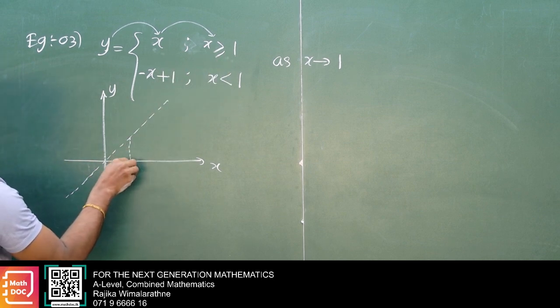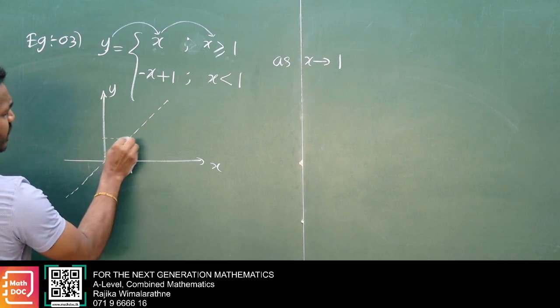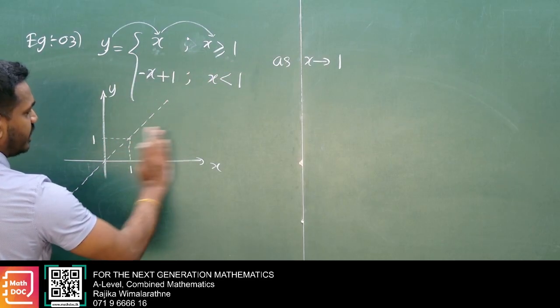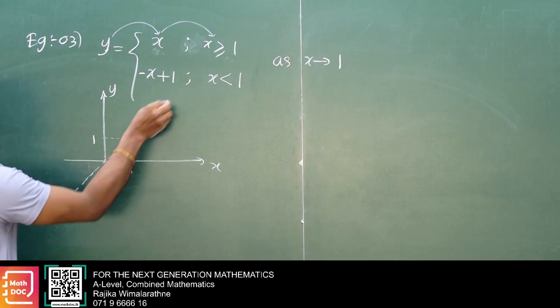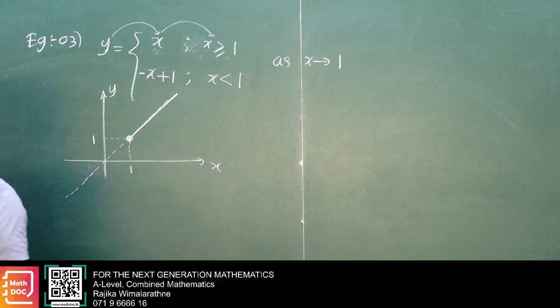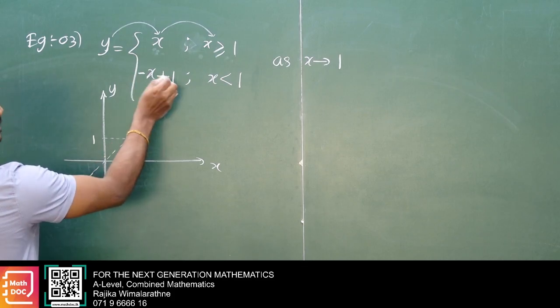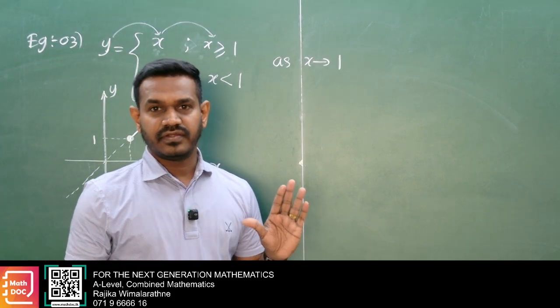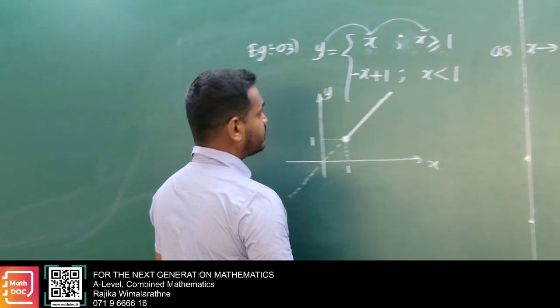So at 1, the corresponding value is 1, y equals x for x greater than or equal to 1, this region. Then y equals minus x plus 1.